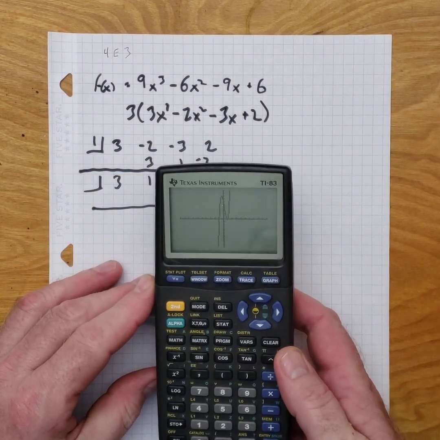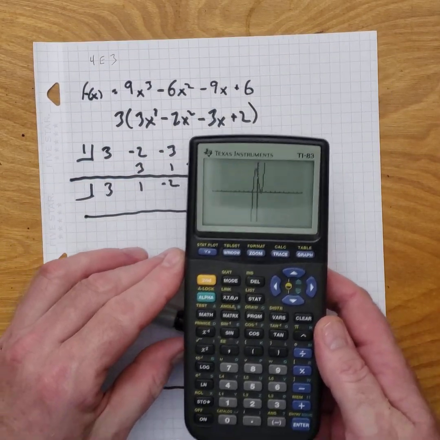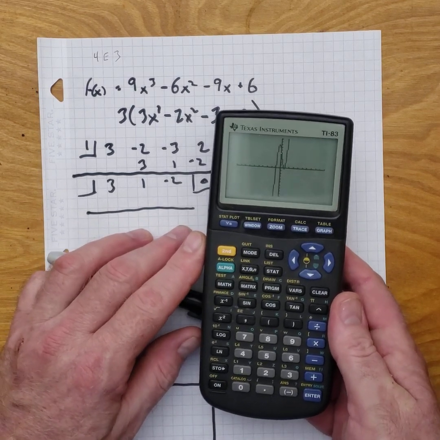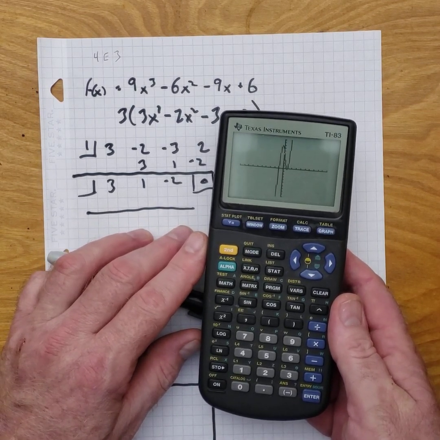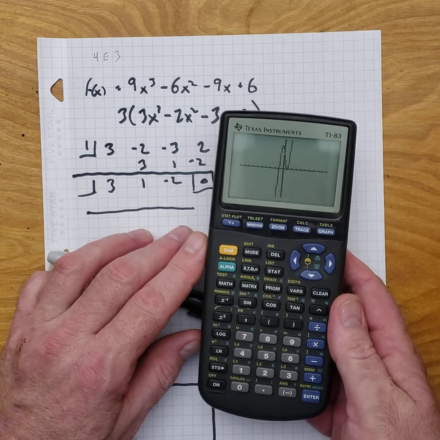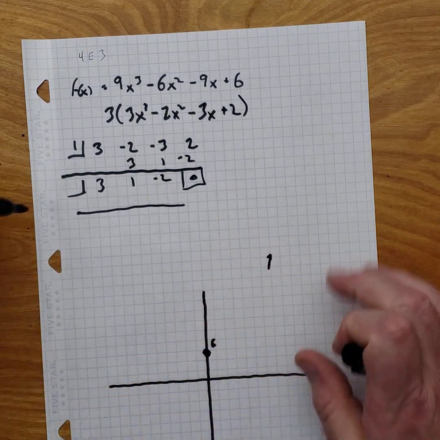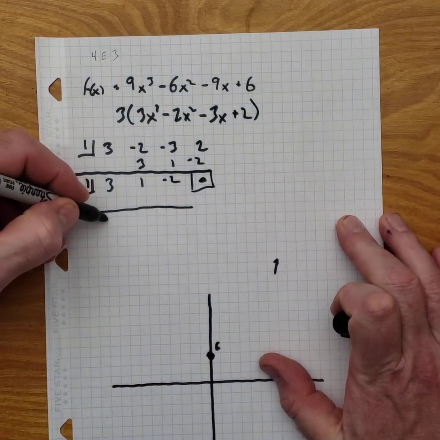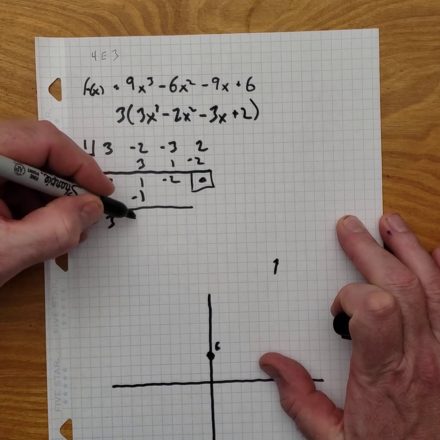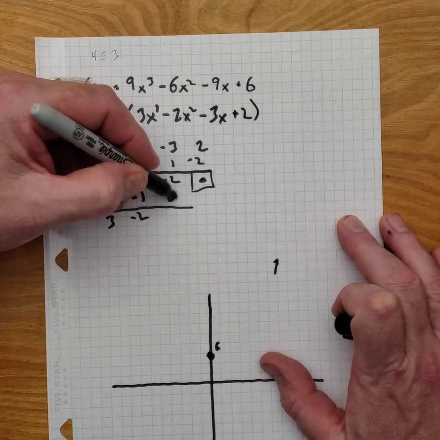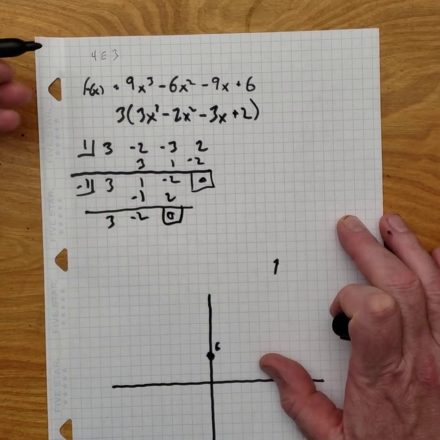And in the calculator, you can see there, it looks like it has an x-intercept at -1 also. So I'm going to pop a -1 in there, see if that'll give me my 0. 3, -1, -2, +2, 0.